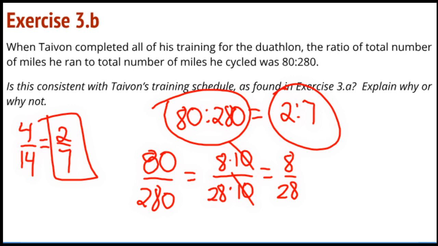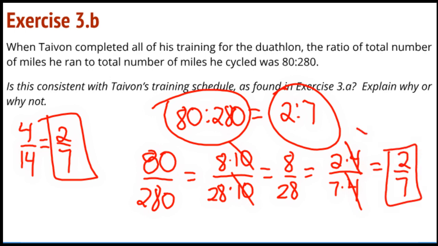And I notice that both of these can be divided by 4. So I've got 2 times 4, and I've got 7 times 4. So I can divide the 4s out, and I am left with a value of 2 sevenths. So yeah, Tavon is sticking with his training schedule. This 80 to 280 is equal to 2 to 7, or the 4 to 14.